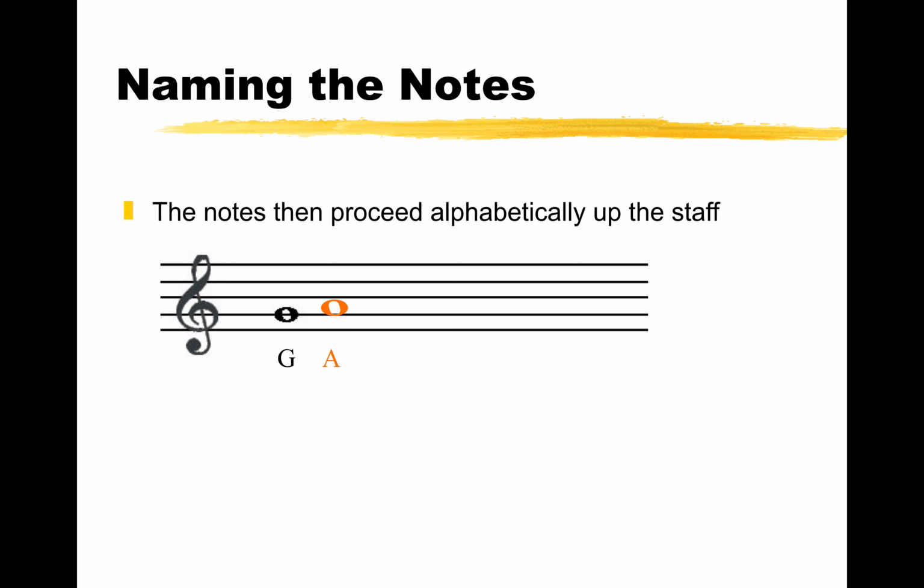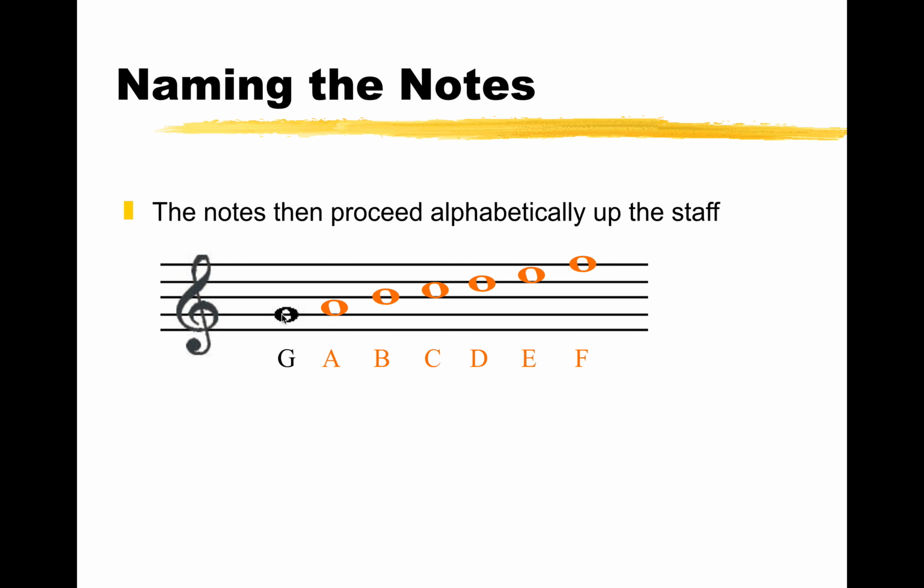Once you know what the G is, then, as I mentioned before, everything just goes alphabetical. So you can figure out any of these notes just by starting on G and then counting alphabetically up the spaces and lines until you get the note that you're trying to figure out. So this is a G, and in music, again, we start over at A, and then B, C, D, E, F. And it could continue up, but we're not going to talk about that now.